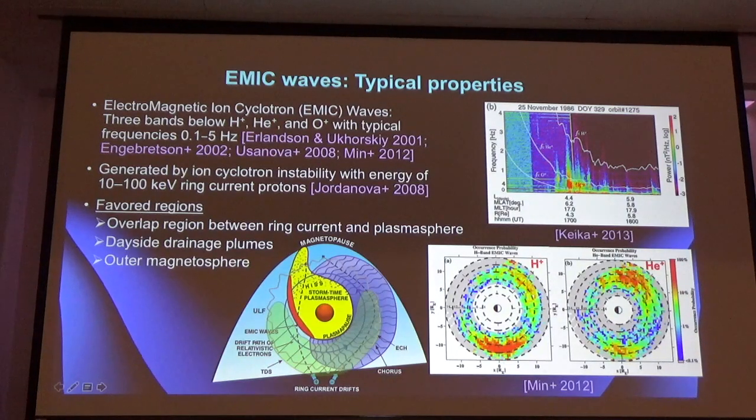And the statistical distribution of the EMIC waves in the hydrogen and helium bands is shown here from THEMIS data. Those waves typically occur in several different regions. One is the relatively overlapping region between the ring current and the high-density plasmasphere, and also in the plume region, as well as in the outer magnetosphere, including the dawn sector and the dayside.